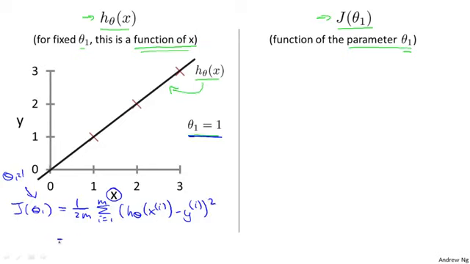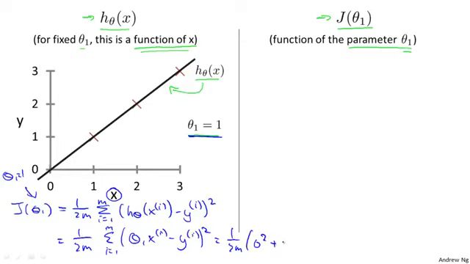And this is therefore equal to the sum of theta 1 times xi minus yi, squared. And if you simplify, this turns out to be 0 squared plus 0 squared plus 0 squared, which is, of course, just equal to 0.